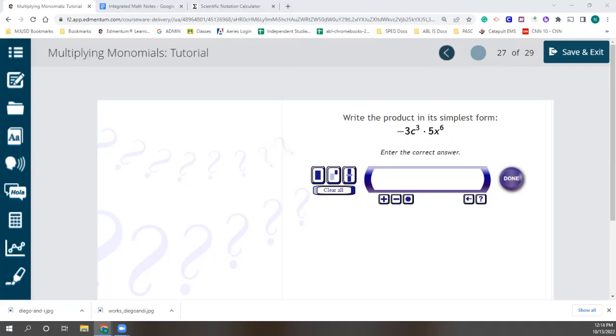So we're going to do the coefficients first. So -3 multiplied by 5. And then the variables, c cubed multiplied by x to the 6th. -3 times 5.